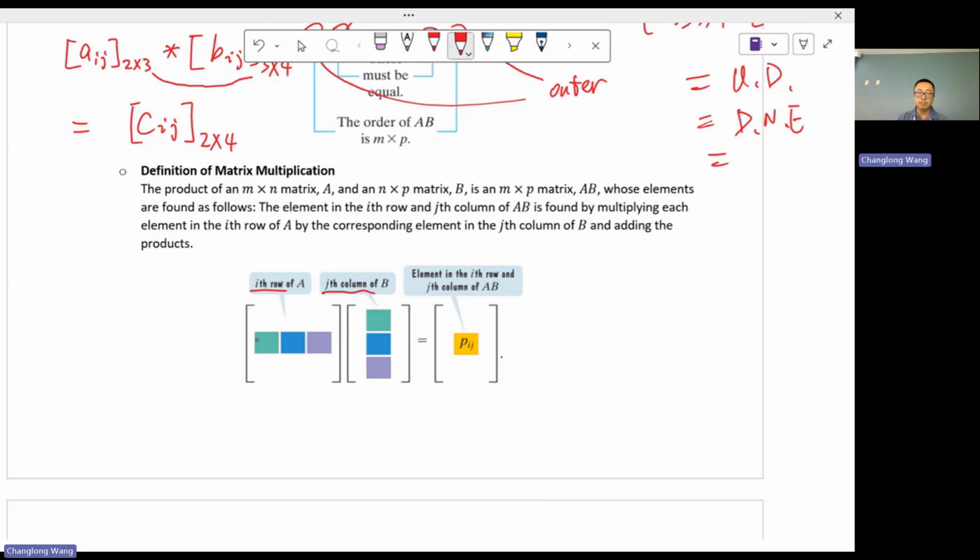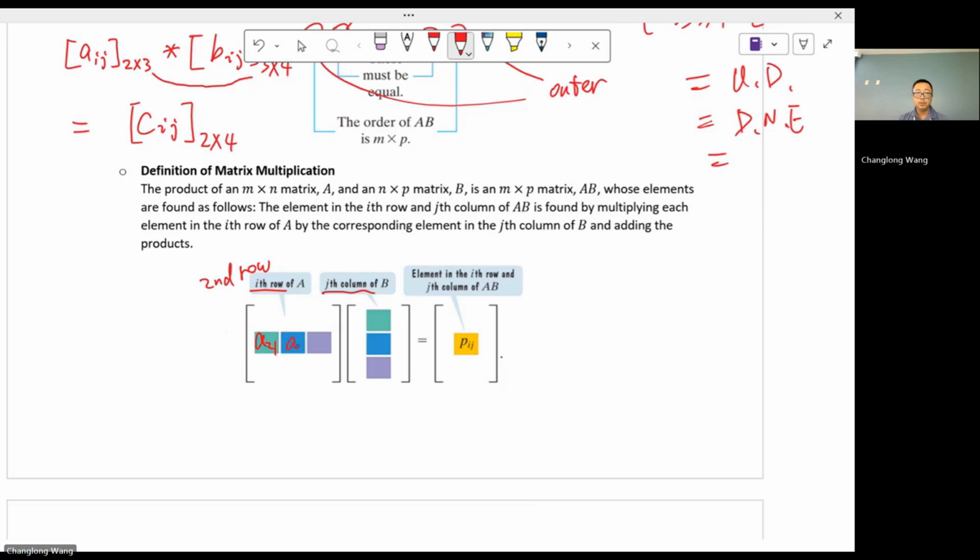Let's say this is A sub, now let's say there are only 3 columns, right? And let's go with maybe a second row. Let's say second row. So this is A sub 2, 1, right? What does the 2, 1 mean? Second row, first column, right?